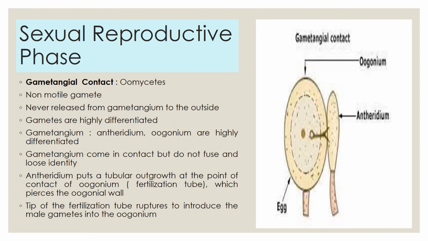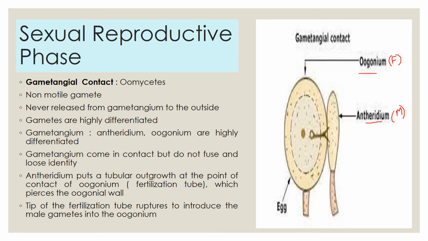The next type of sexual reproduction is the gametangial contact, which occurs in the higher fungi. And here, as it is mostly terrestrial, the male gametangium, that is the antheridium, and the female gametangium, that is the oogonium, come in close contact with each other, and the intervening wall dissolves.